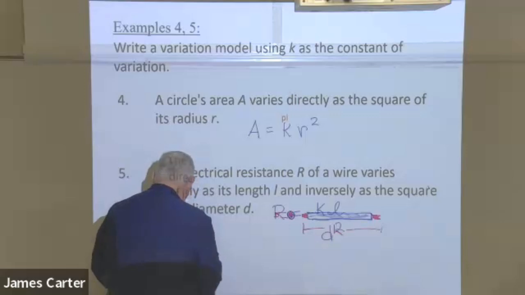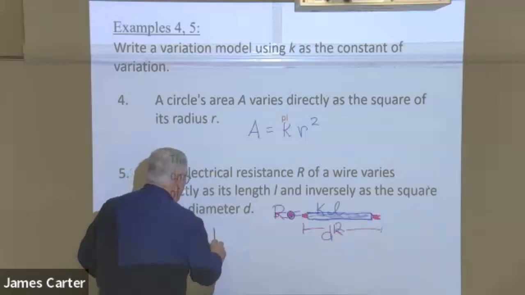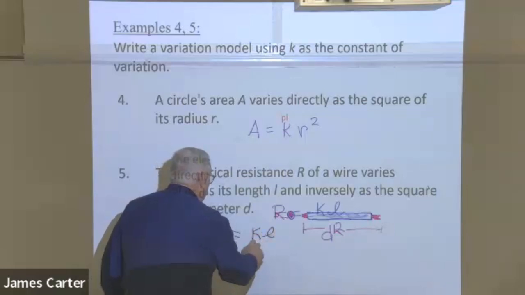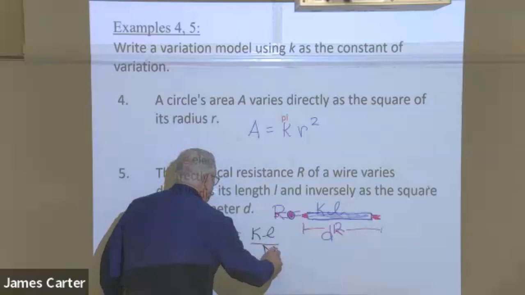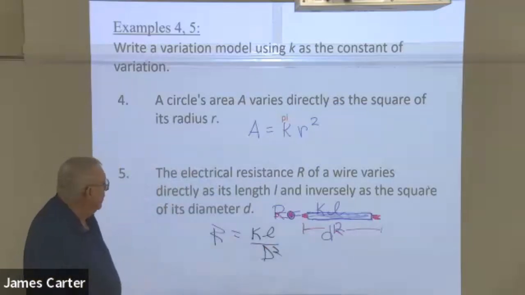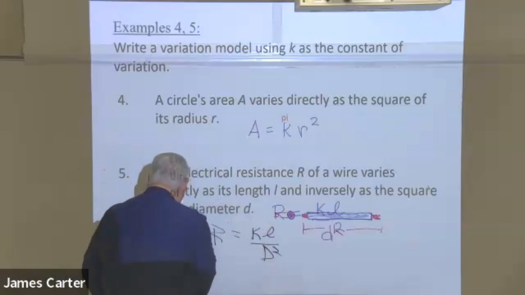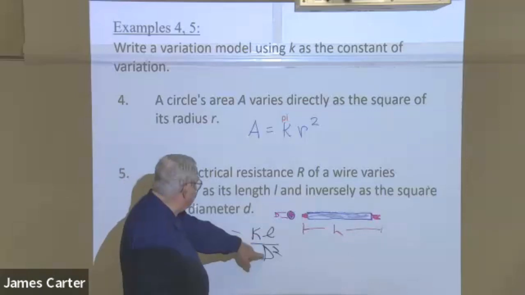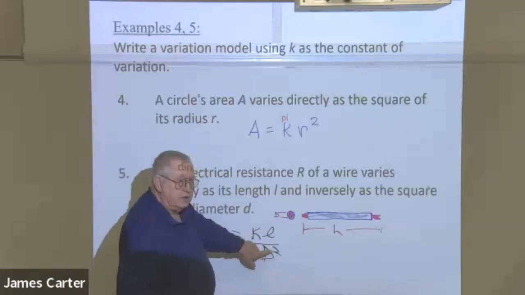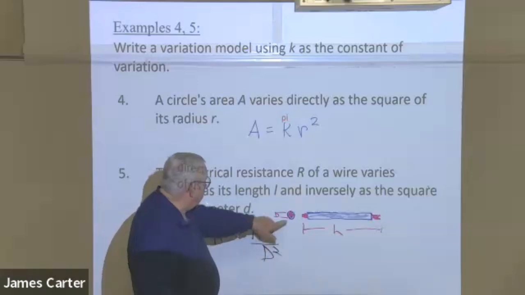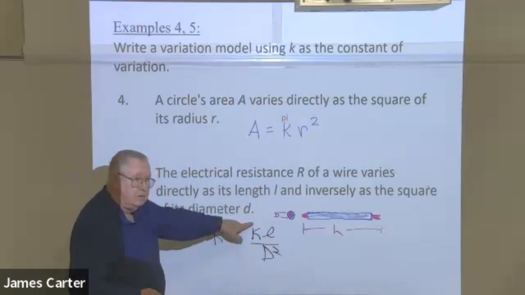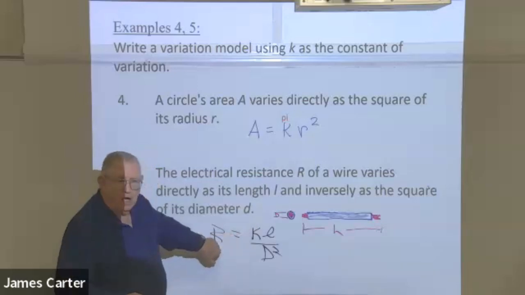R equals K L over D squared. So the diameter of this wire squared, divided by the length times this K value, and a little later we'll deal with that, is going to tell you how hot this wire gets.